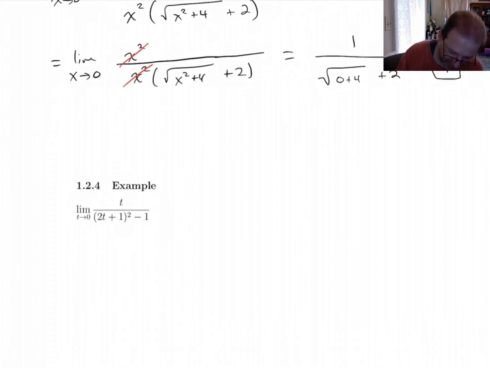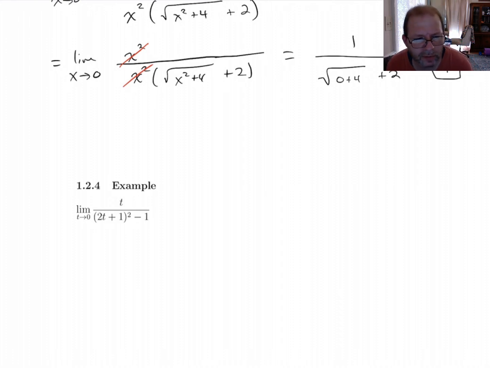Let's look at this last example. On this one, if you plug in the 0, on top you get 0, and on bottom you also get 0. For this one, though, there's nothing to be factored or to rationalize. There are two ways we could approach this, though.